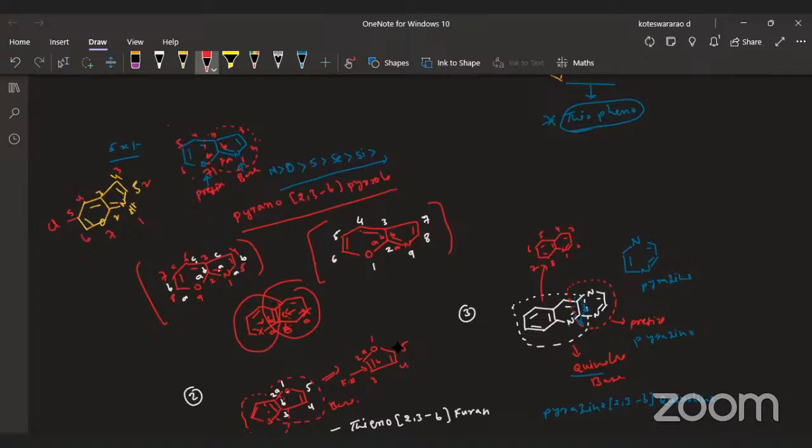Now, how is the compound name given? For this compound, the name is pyrano[2,3-b]pyrrole. Why are we giving this? The highest priority heteroatom is present in the five-membered ring. Therefore, this becomes the parent ring. The five-membered ring becomes the parent ring, and the other becomes the prefix.